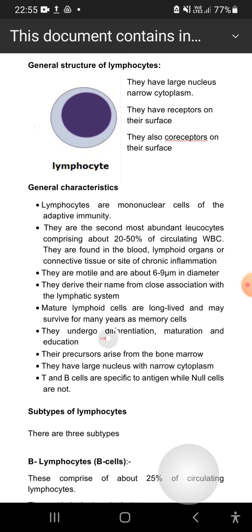They undergo differentiation, maturation, and education, that's sensitization, when they are activated by antigens. They form from bone marrow as lymphoid stem cells. In fact, they have large nucleus and narrow cytoplasm. T and B cells are specific, null cells are not specific.